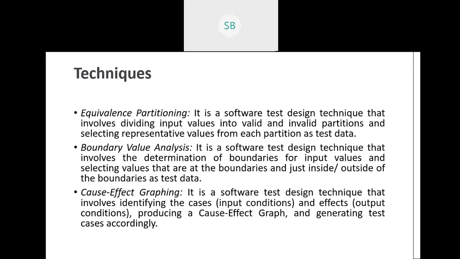Maybe in an xy coordinate system, in the y-axis you take the outcome, and in the x-axis you take the inputs. If you are giving a particular input, what is the outcome you are getting? What if you are giving the next input, what is the outcome? And then we can draw a graph on it. So that is known as cause effect graphing.